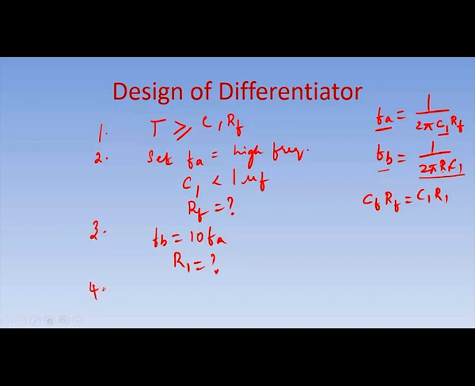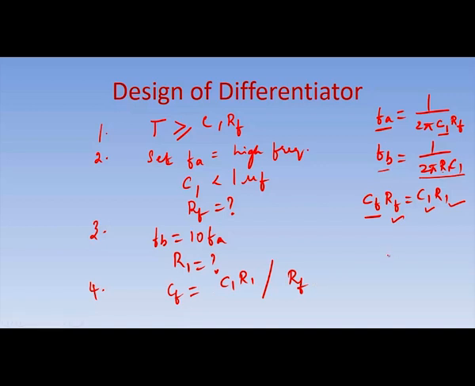And finally, you have calculated R1, you have assumed C1 as less than 1 microfarad, you have calculated RF from FA, and one more value you have to calculate is CF. From these values, CF can be calculated as C1 R1 divided by RF.